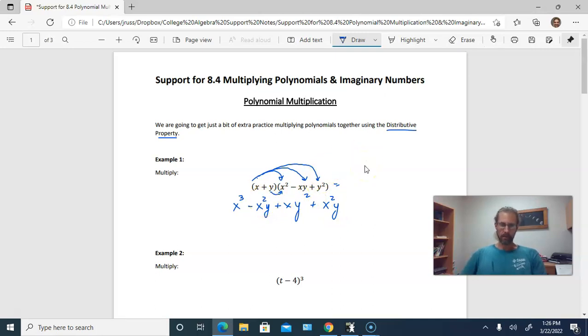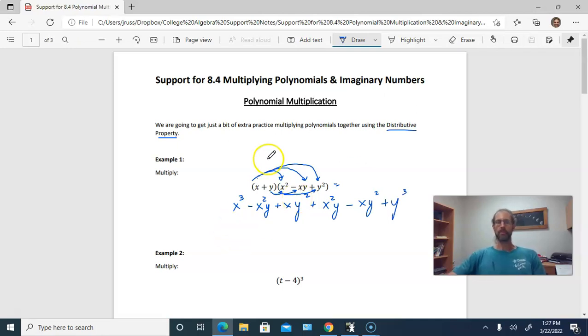And then we've got y times negative xy. So again, a positive times a negative is a negative. The y times y will be y squared, and the x will just stay the same. And then finally, y times y squared gives us y cubed.